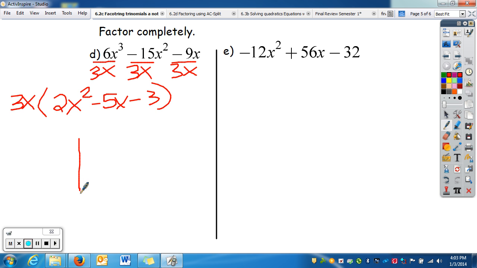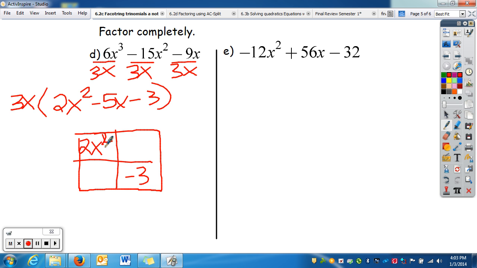Alright. Do my box. I have 2x squared and negative 3. Well, the only way to get 2x squared, let me change colors here, is 2x and x. And then my factors of negative 3 are 1 and negative 3 and negative 1 and 3.